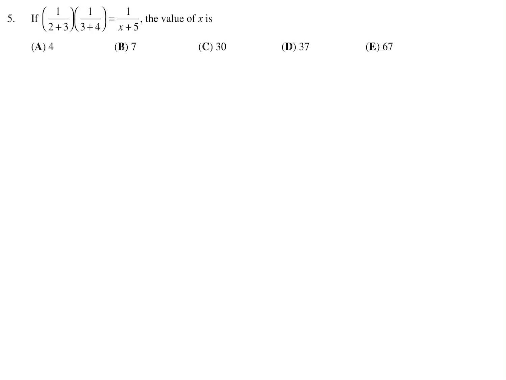If 1 over 2 plus 3 times 1 over 3 plus 4 is equal to 1 over x plus 5, the value of x is. So 1 over 2 plus 3, obviously that's just 1 over 5.